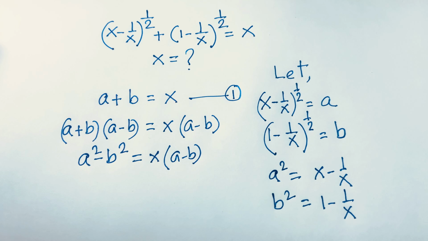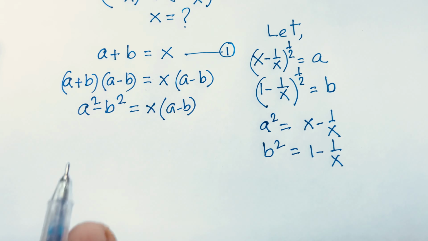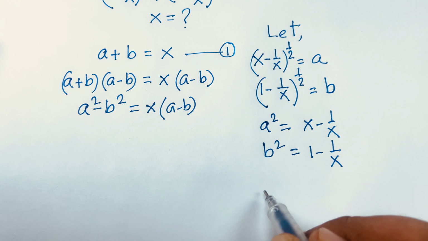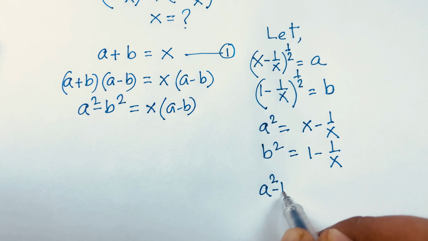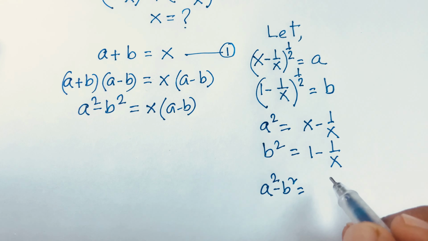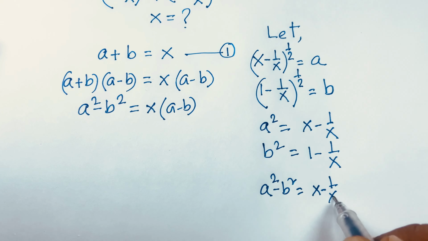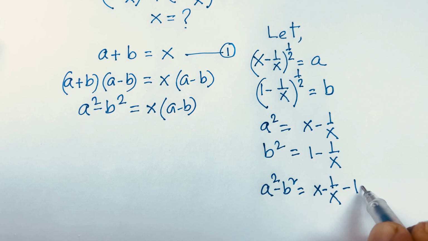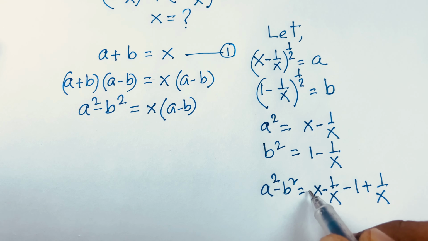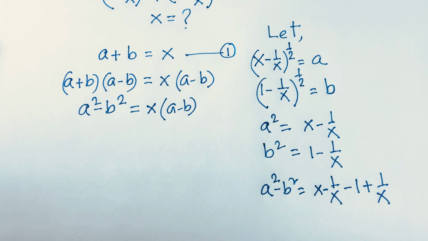But we need a square minus b square is equal to what? So at this moment I can see easily a square minus b square: a square is equal to x minus 1 over x, minus b square, b square is equal to 1 minus 1 over x, so it will be plus.